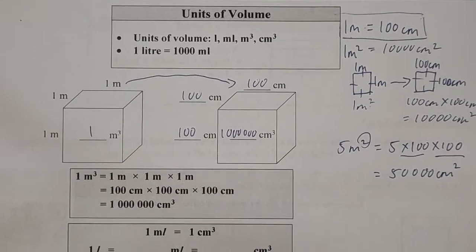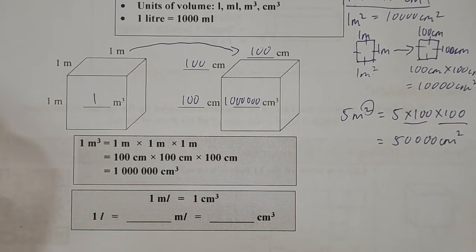Next, I'm going to talk about how we link it to volume. When we buy milk or fruit juice from the store, they don't tell us in centimeter cube or meter cube. They tell us in liters or milliliters. 1 milliliter is exactly equal to 1 cm cube.